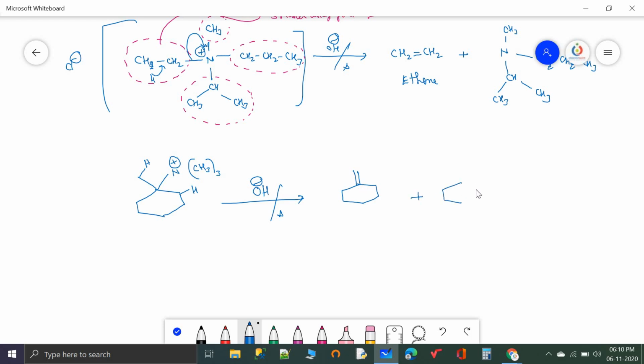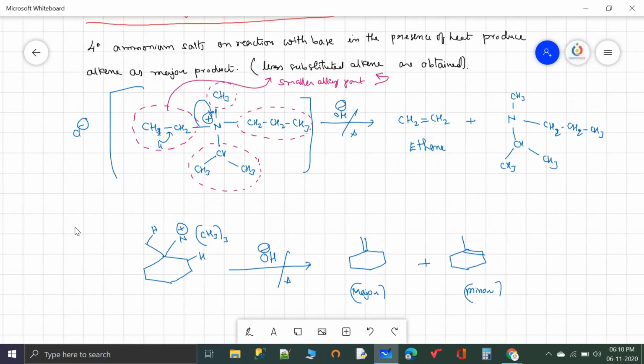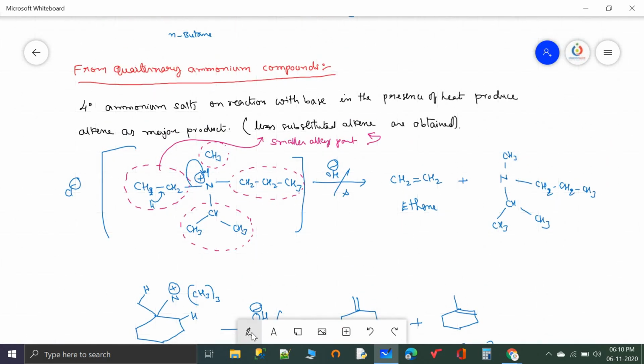And the more substituted alkene here is, if it loses here, we get the double bond like this. So in this particular case, the less substituted alkene is the major compound and the more substituted alkene is the minor compound. So this is one exceptional category. Some important reactions will be there every time. You must remember those reactions.